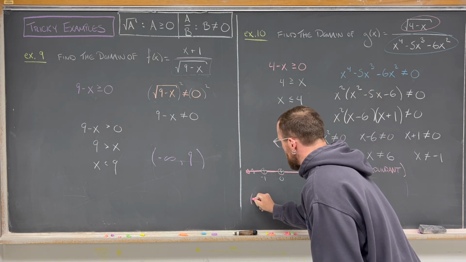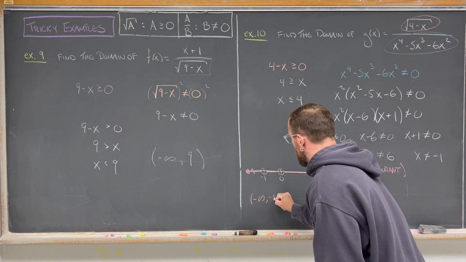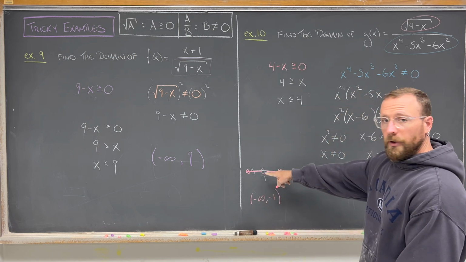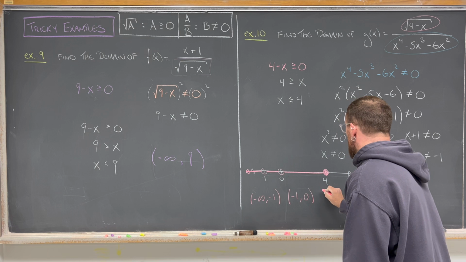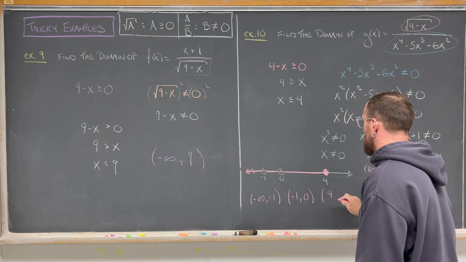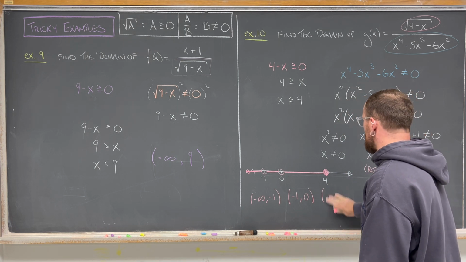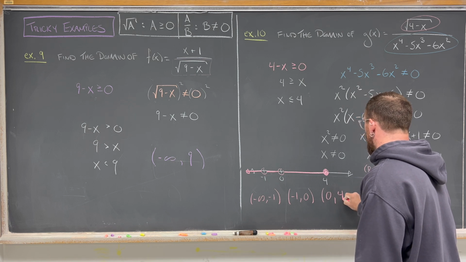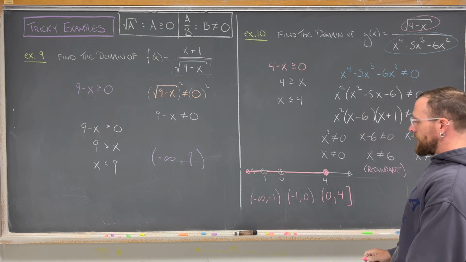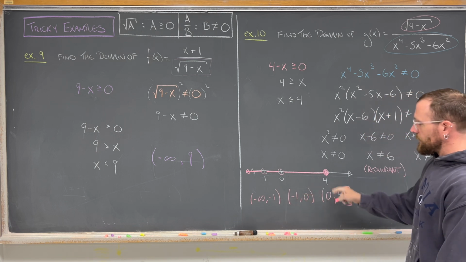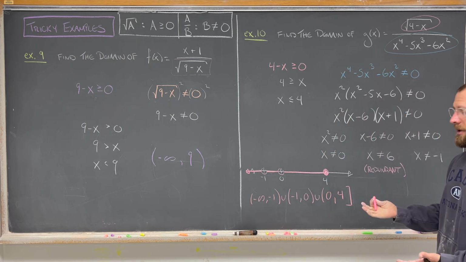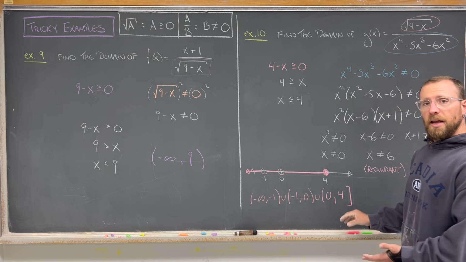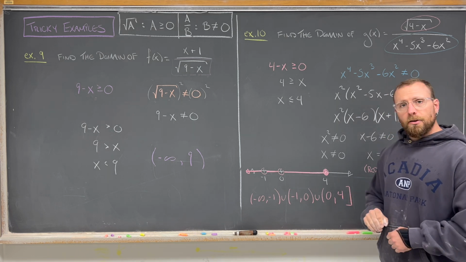Well, the first one is everything from negative infinity to negative 1, right endpoint not included. Then we have all the numbers from negative 1 to 0. And lastly, we have all the numbers from 0 to 4. 4 is included. I'm going to take those 3 intervals and take their union. Now this is one set of numbers. That set is called the domain. This is the domain in interval notation.